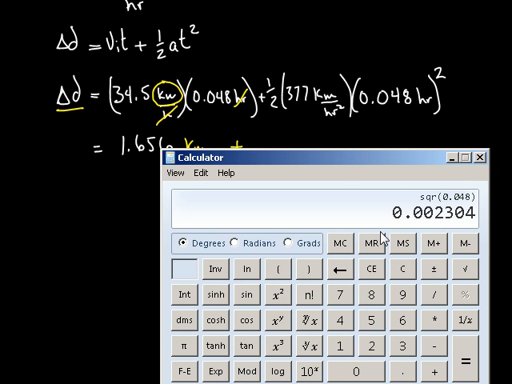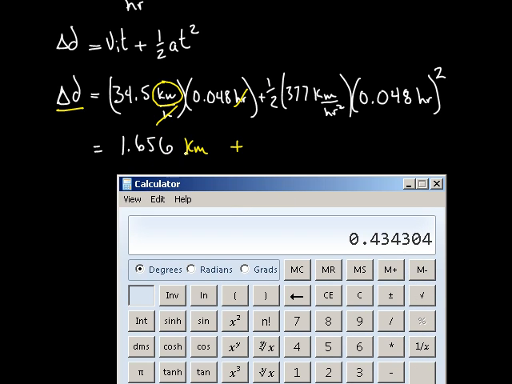Multiply that by 377 is this number, and then multiply that by a half is this number here. Now all that's going to be added to my 1.656, but I'm going to write this out. So 0.434304.